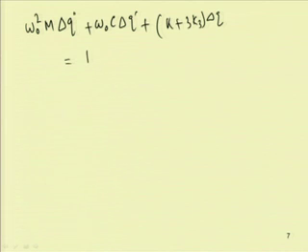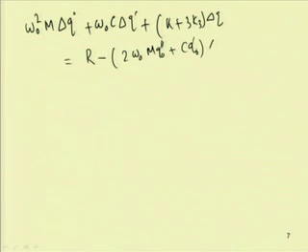So this will be equal to some residue minus 2 omega 0 m q j 0 double dash plus c q j 0 dash, into delta omega.